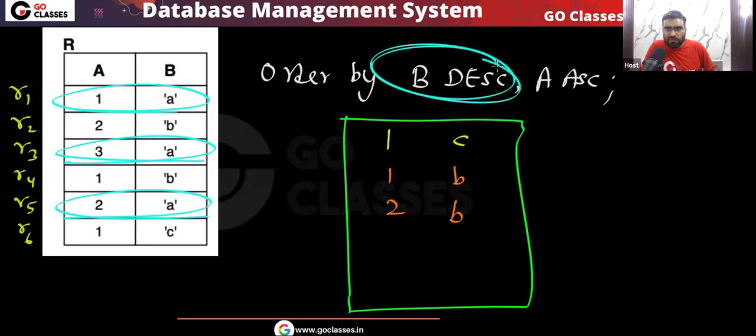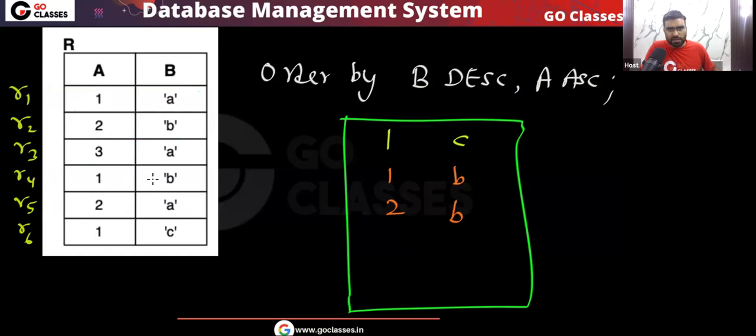When the B value is the same, then A ascending. So it will be 1A, 2A, 3A. So no other order is possible, right? Yes or no?